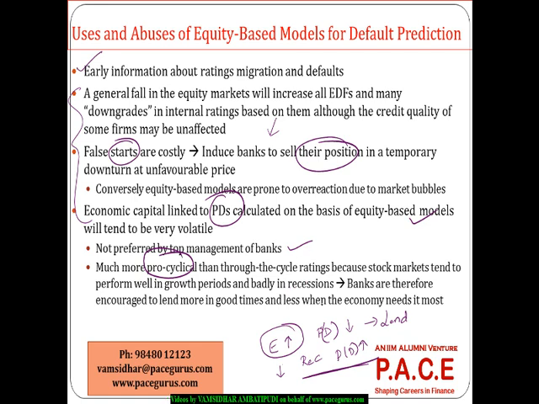So there is no point in lending during the recessionary period, but that is where more lending is required to boost the economy back to the original situation. So that's one of the major limitations that we could see with the application of the equity based models for the prediction of default.